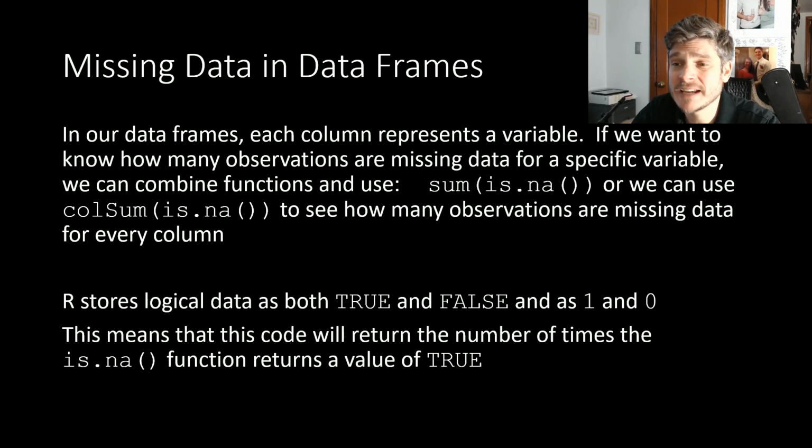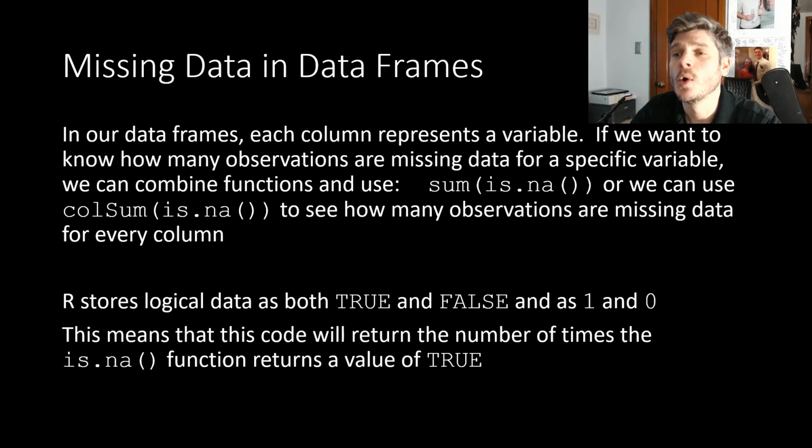When we have data frames, we can use the same exact function, and it will run through our data frame and tell us true, false. But typically in a data frame, that's not always the best way to do things, because it can be kind of unwieldy to look at the entire thing, since usually our data frames are pretty big.